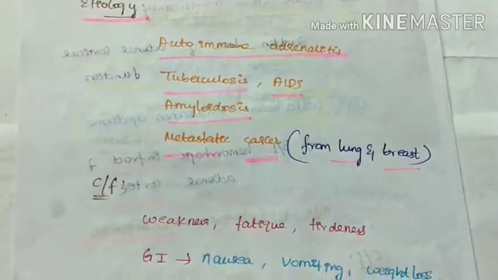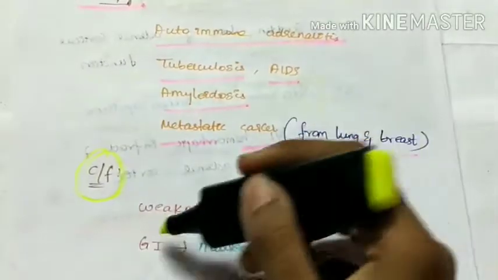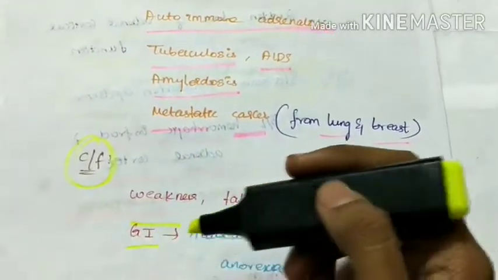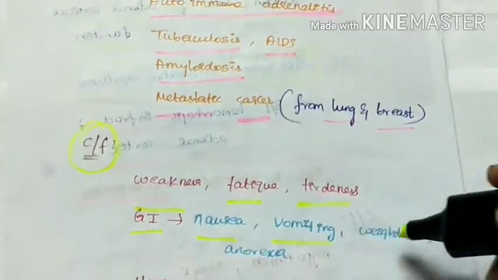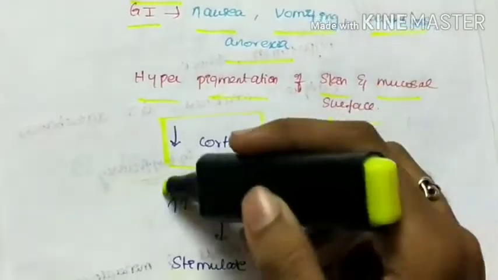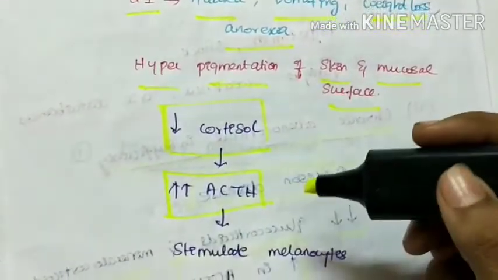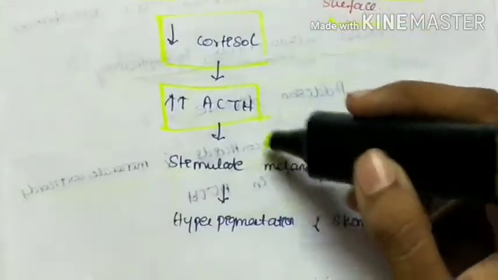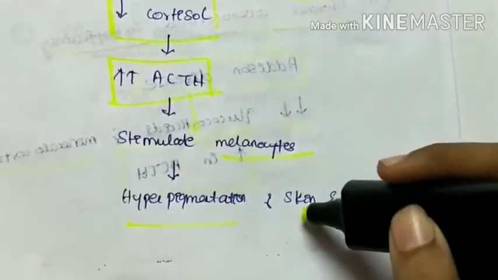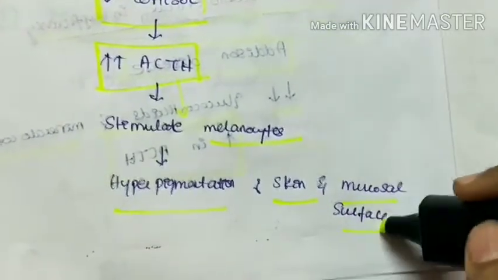Clinical features are weakness, fatigue, tiredness, gastrointestinal manifestations like nausea, vomiting, weight loss, and anorexia. And there's hyperpigmentation of the skin and the mucosal surface. This is because there's decreased cortisol level, which stimulates ACTH secretion, and this ACTH in turn stimulates the melanocytes, leading to hyperpigmentation of the skin and the mucosal surface.